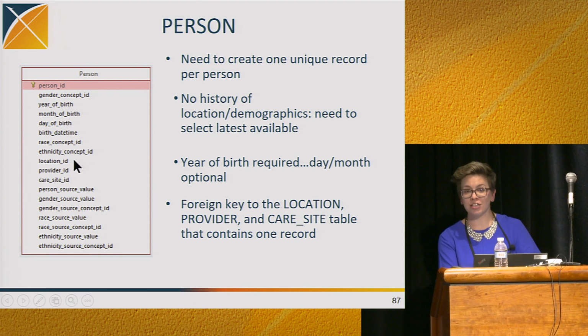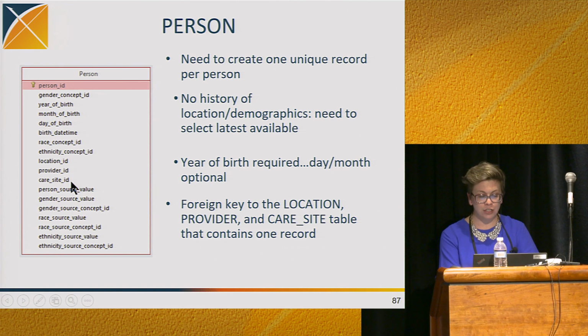We're going to standardize your race, your ethnicity, and then if we know something about your location, your provider and care site. For example, if you're in Europe, you have one GP, and you may have that one GP cradle to grave. So in this case, it would make sense for a patient to be assigned to a provider.